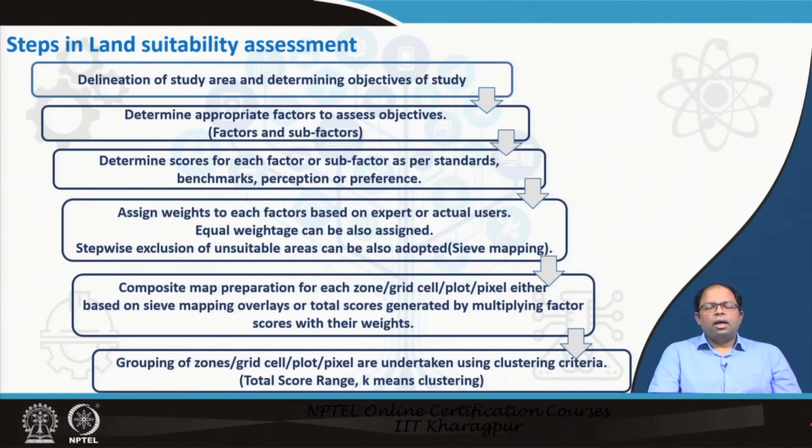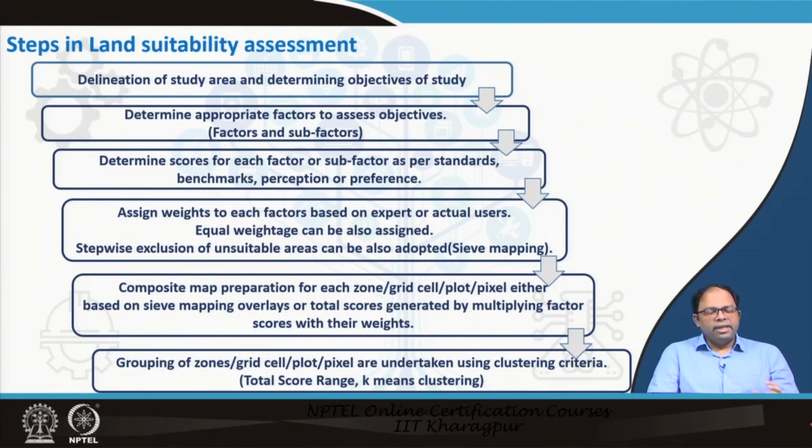For example, when we talk about standards or benchmarks, that means there are certain guidelines which have been set either by government bodies or by the actual assessor himself, that if this area has got a slope of this kind, then probably it is not suitable, so I will give it a low score. If that area has a slope which is moderate, then I would give it a little bit higher score, and if the area is flat, then I will give it a very high score. That means it is suitable for doing some kind of construction activities maybe.